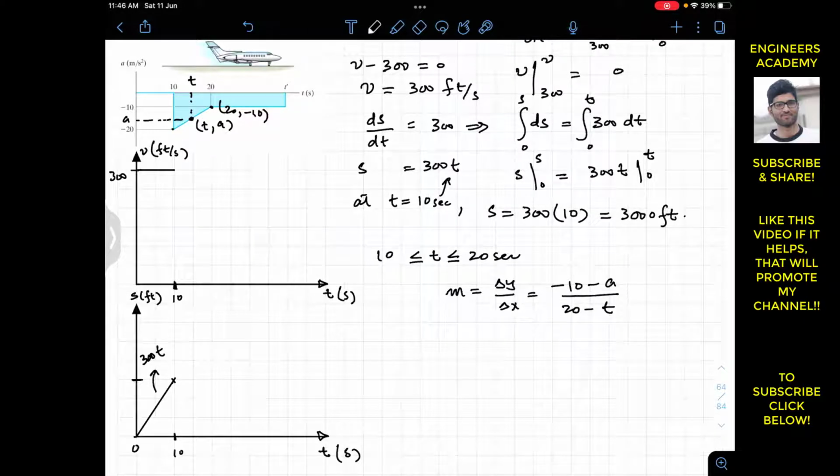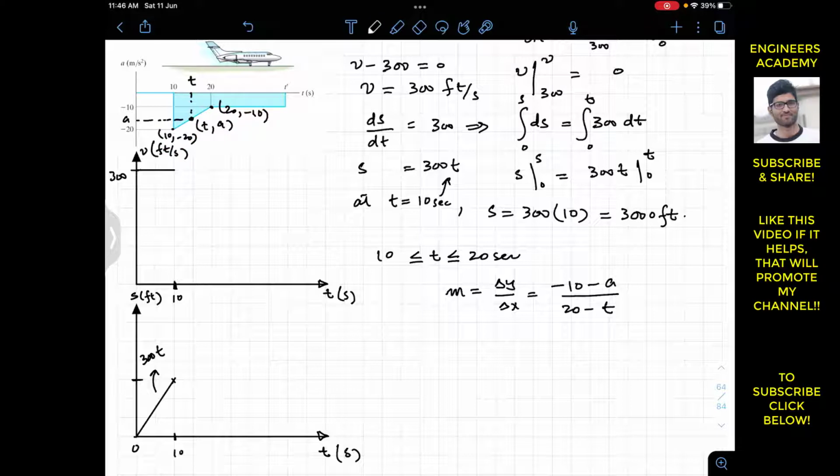Similarly, if we consider the coordinates of this point, the coordinates of this point is 10 and minus 20. So now the slope can also be determined using these 2 points, right? We have used these 2 points, and now we need to use these 2 points.